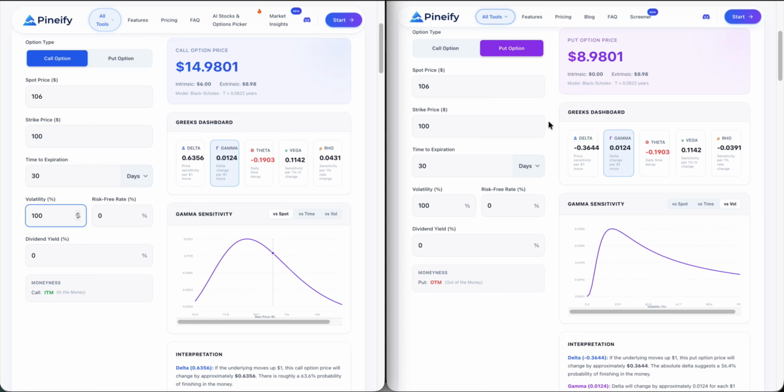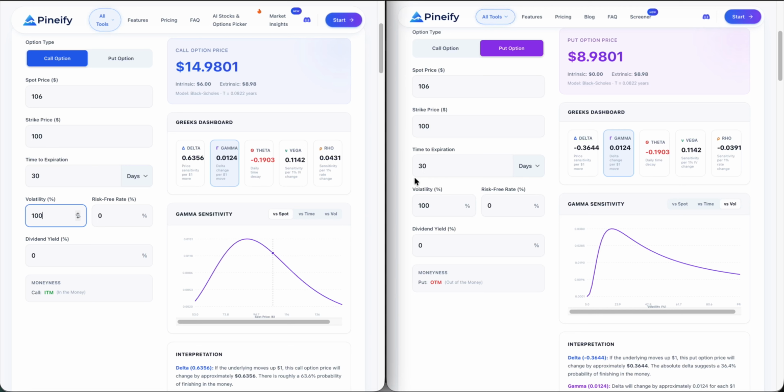Let's just assume again that we have a stock that has its earnings announcement coming up, and we are going to sell a put on that particular stock. And currently the put has 100% of implied volatility.